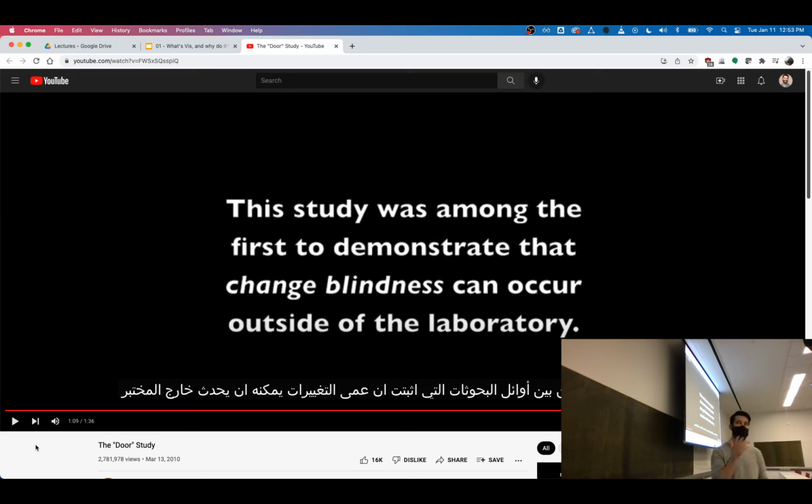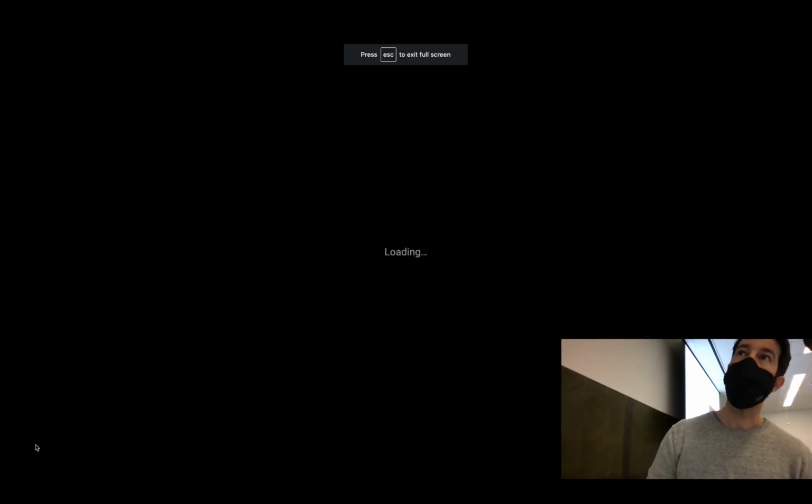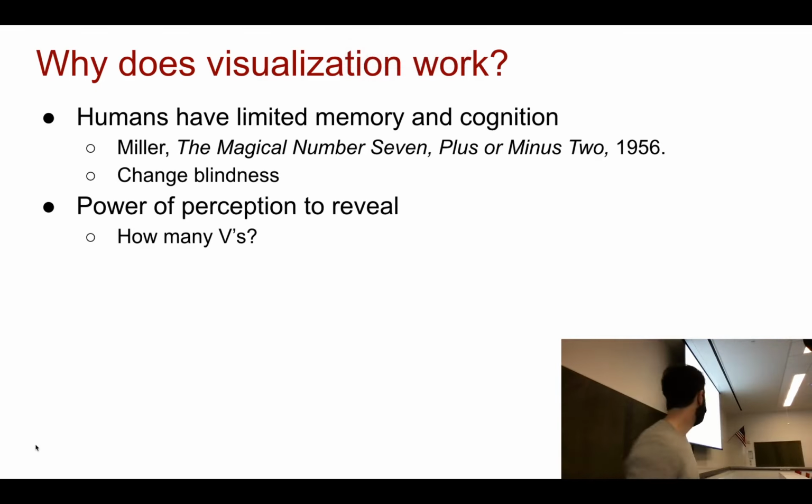You're blind to the car. Okay, so visualization works because you can overcome these limits of our memory and our cognition.